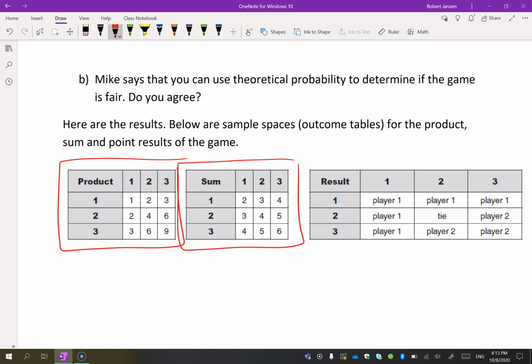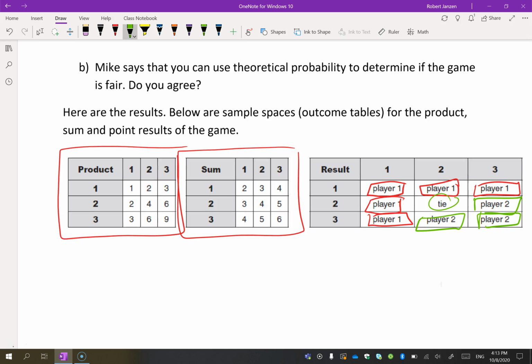All right, and you can see that if both numbers are 1s, player 1 wins. If we have a 1 and a 2, player 1 wins. If we have a 1 and a 3, player 1 wins. These two places, player 2 wins. And then there's the tie. So is this game fair?